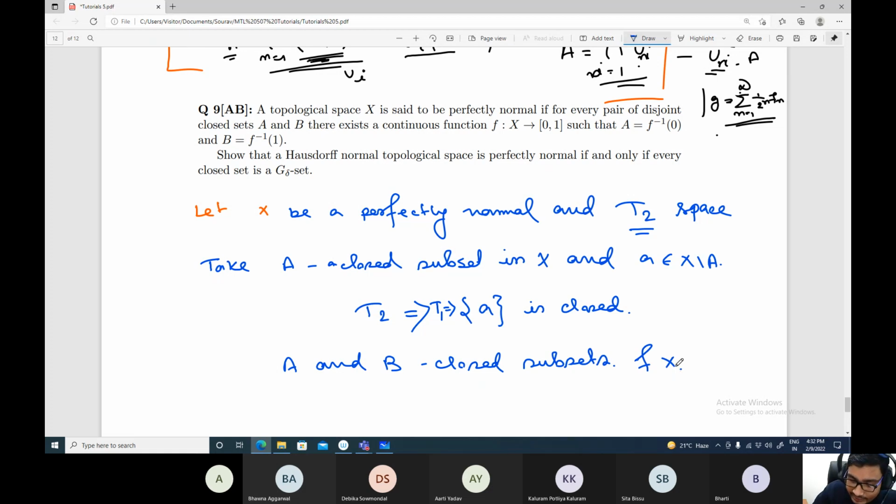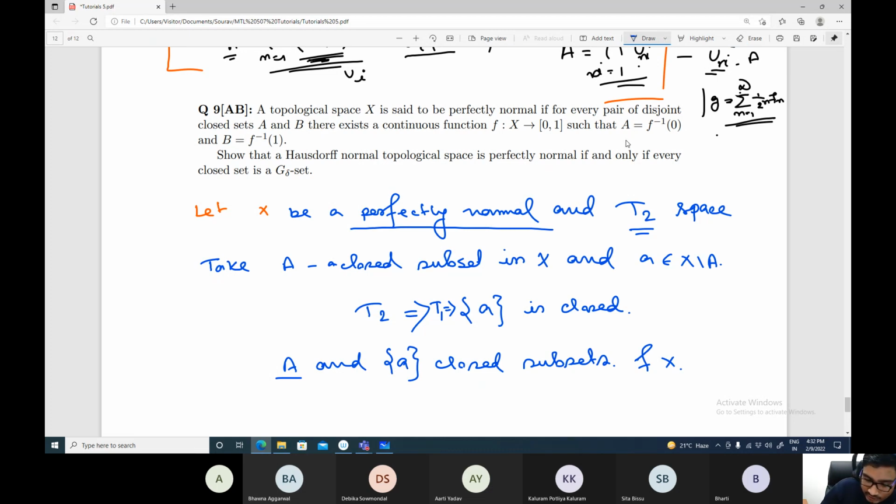Now we assume that X is a perfectly normal space. We have two closed subsets A and this singleton set. Okay, we have a perfectly normal space.